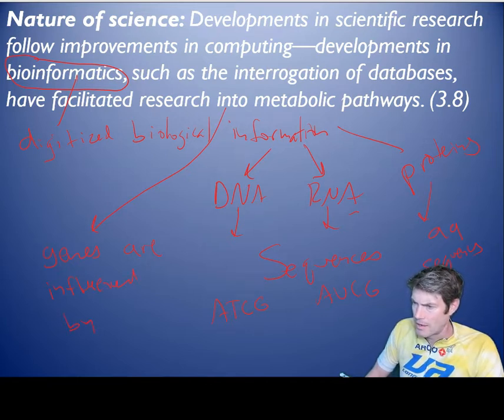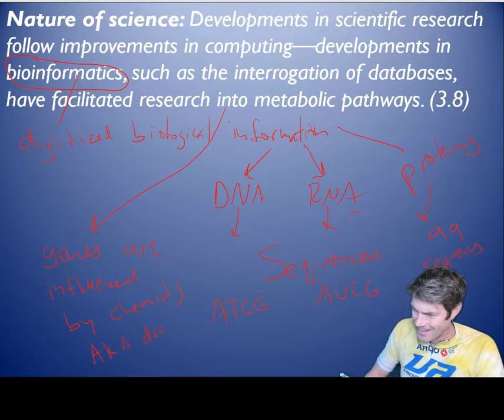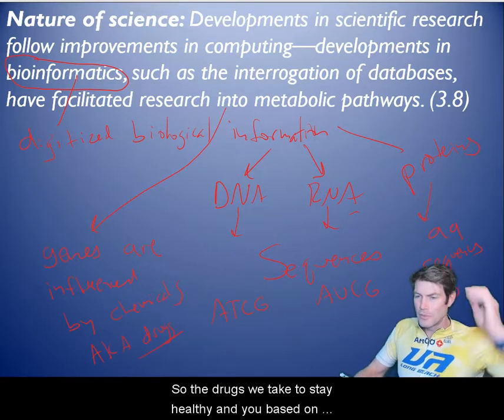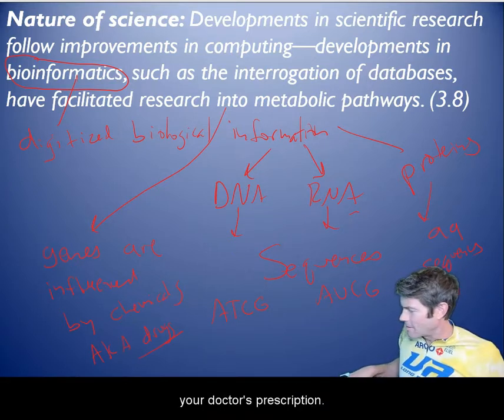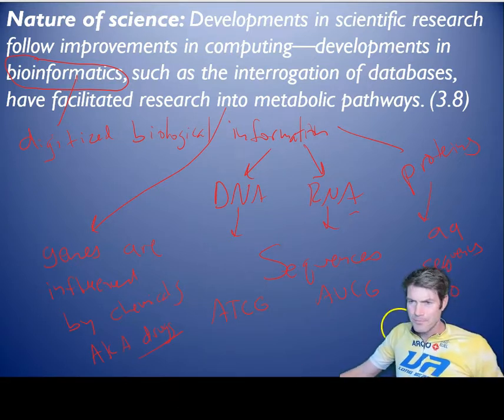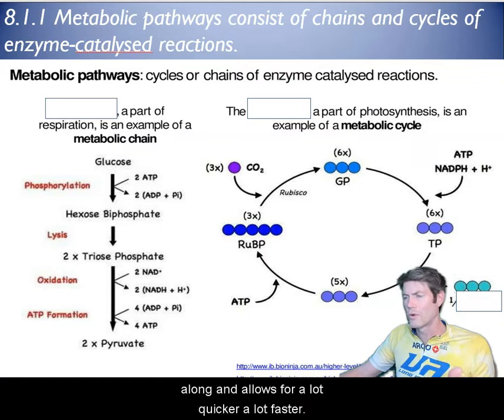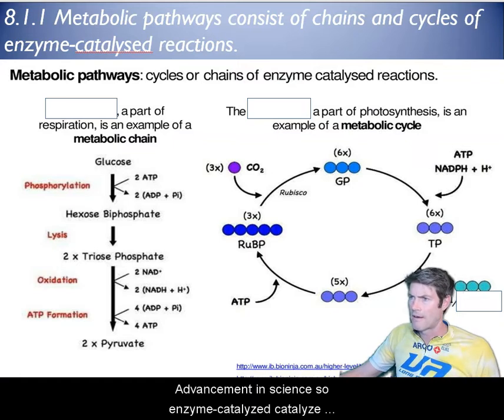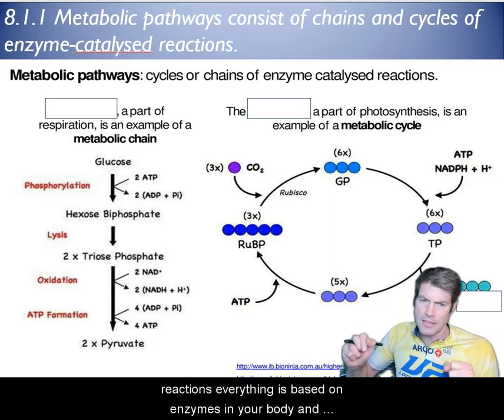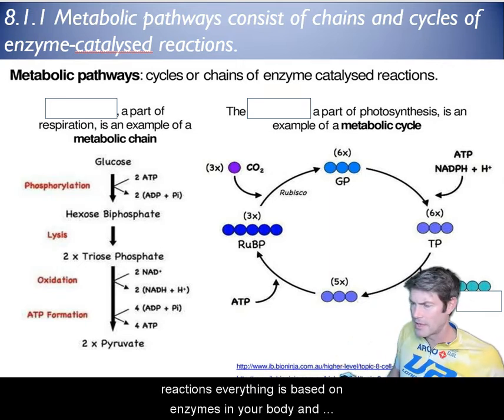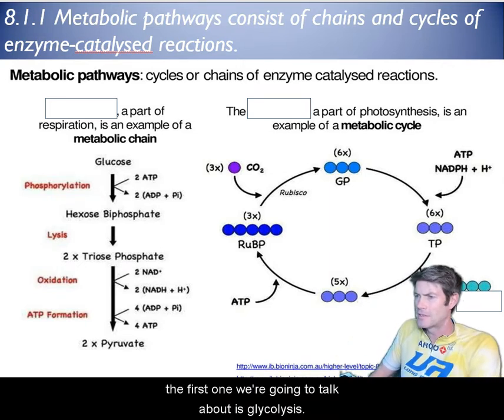So the drugs we take to stay healthy, based on your doctor's prescriptions, can be tested by just using a database, which really speeds things along and allows for a lot quicker, a lot faster advancement in science. So enzyme catalyzed reactions, everything is based on enzymes in your body.